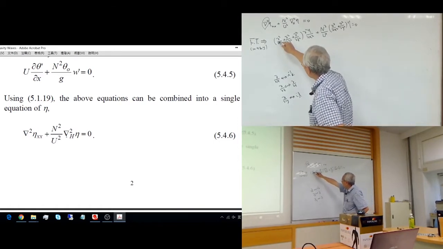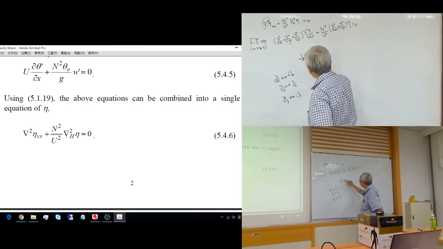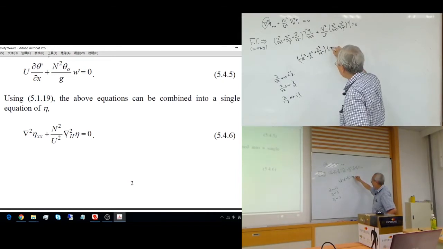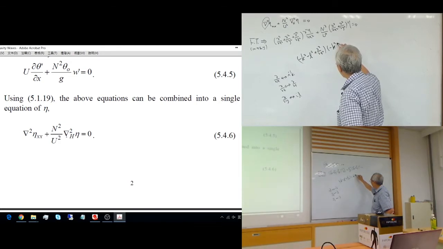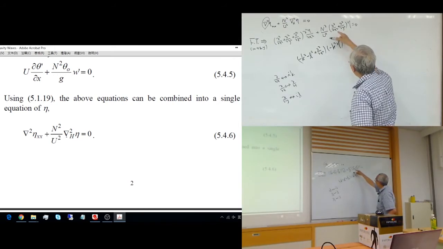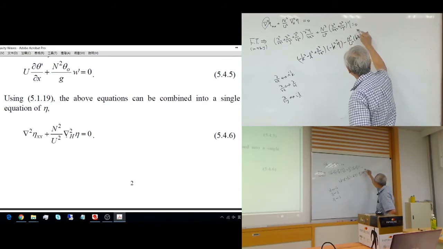Partial x becomes ik, so it's negative k squared, negative l squared, plus partial zz, and then negative k squared for the eta, and then negative N squared over U squared times k squared plus l squared, times eta hat.